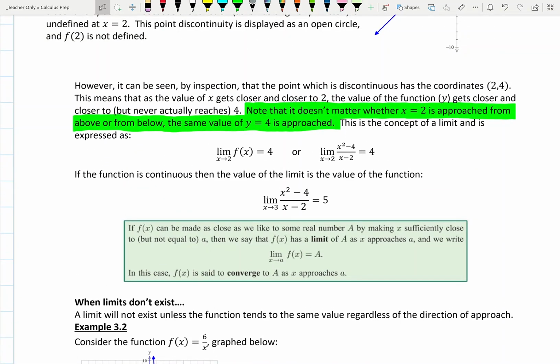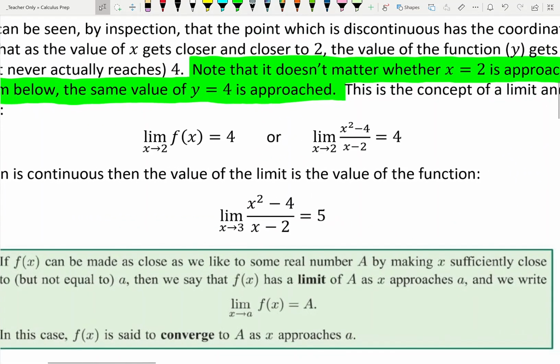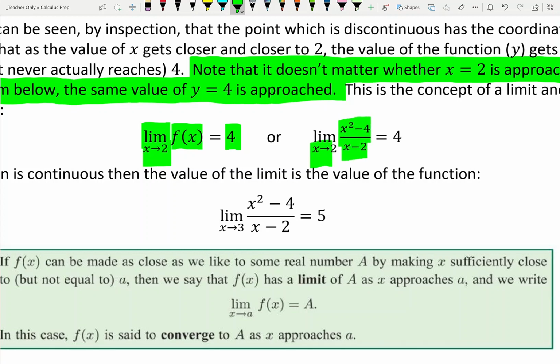The way that we express our limit is written like this. So it's the limit as x approaches 2 of f of x equals 4. So you can write it as f of x, or because it's better communication, we would write the limit as x approaches 2 of x squared minus 4 on x minus 2 equals 4.